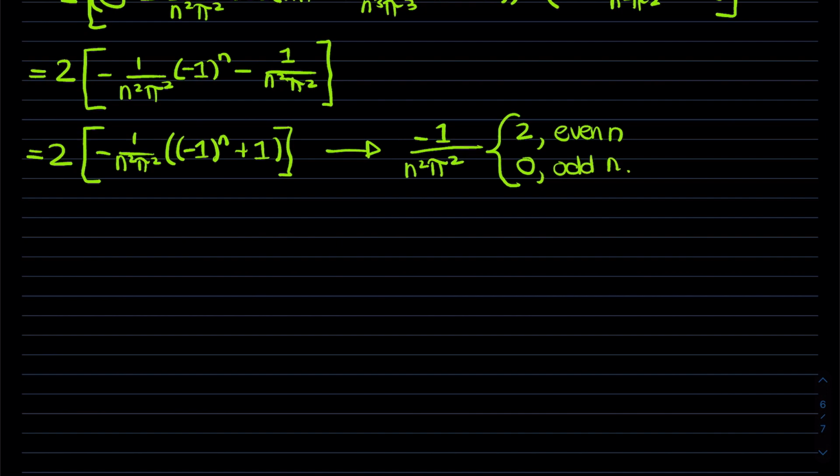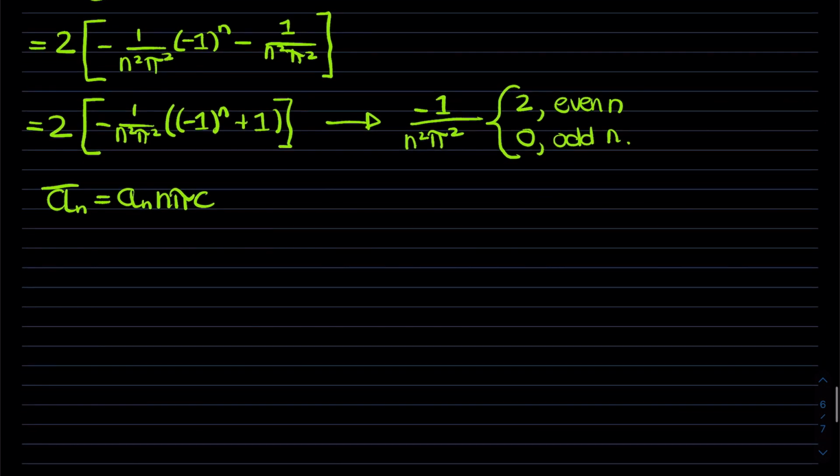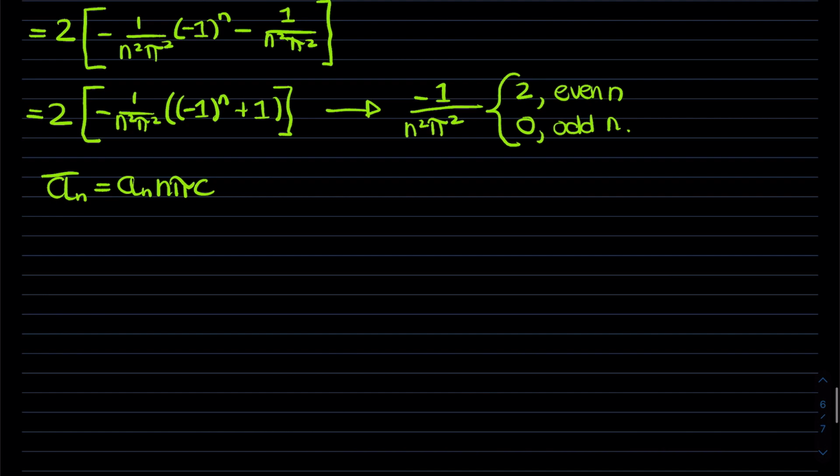So what we get here, this is a of n bar equal, and if we recall, it equals a of n n pi c. So if we then solve for this, that implies that a of n now equals minus 2 over n squared pi squared, and that is all over n pi c.